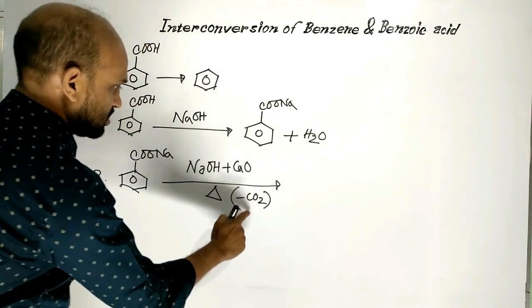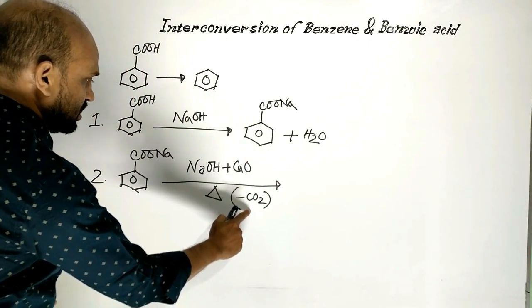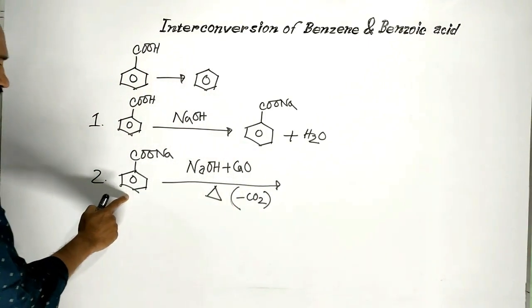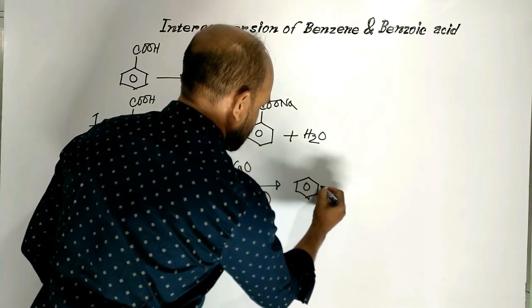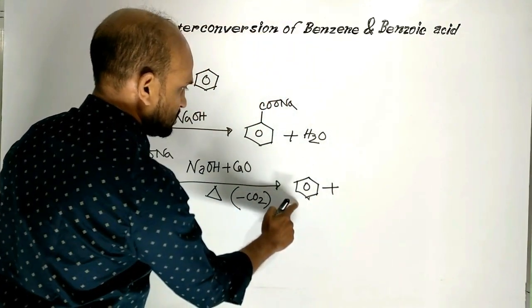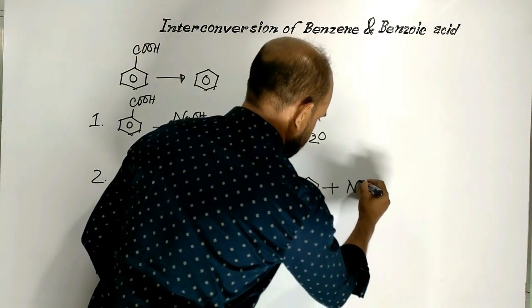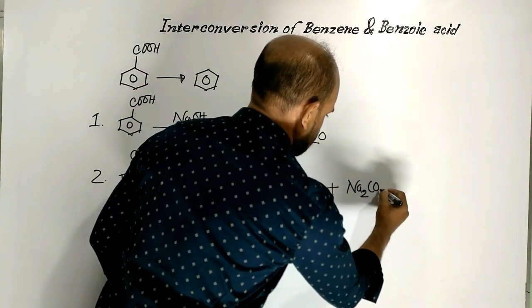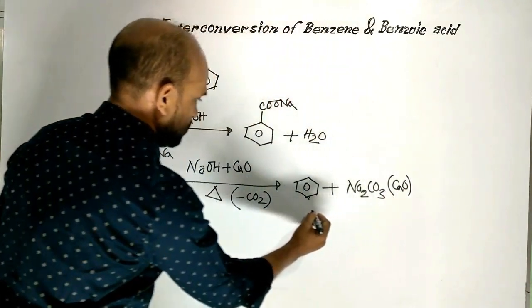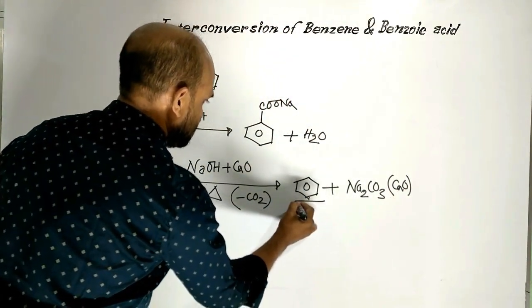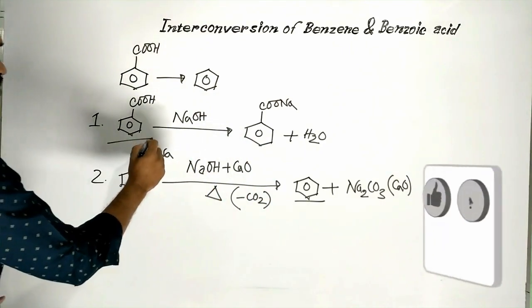Carbon dioxide gets removed, and as a result, sodium benzoate is converted to benzene, the desired product. Sodium carbonate is also formed. So we got benzene from benzoic acid.